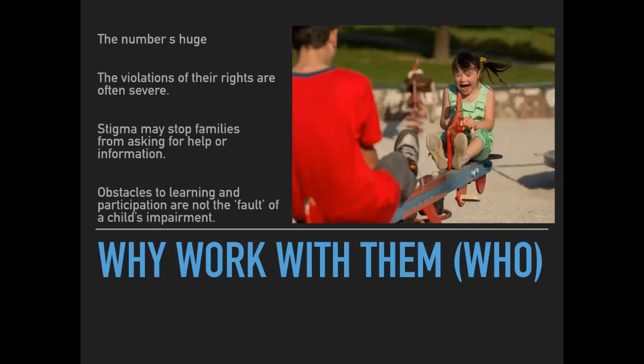Another problem which many of us don't really understand is that they're not all the same. Not every disability is the same. For example, if you're dyslexic, it doesn't mean it will affect your capacity to solve problems in an efficient manner. You can still be a great problem solver.